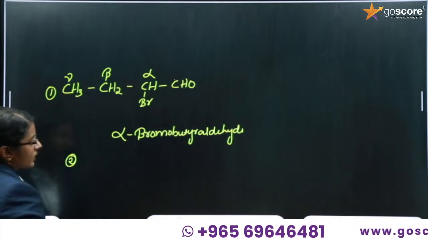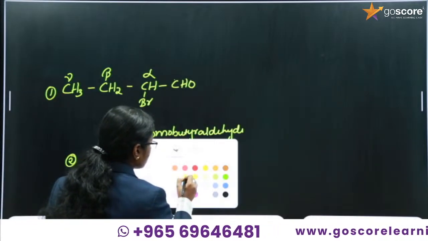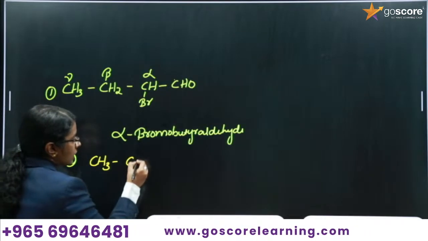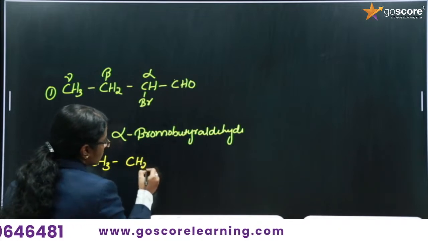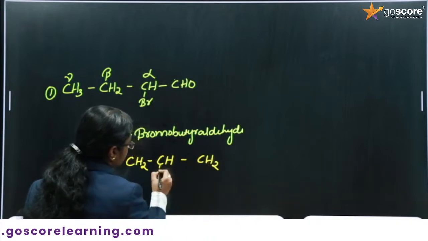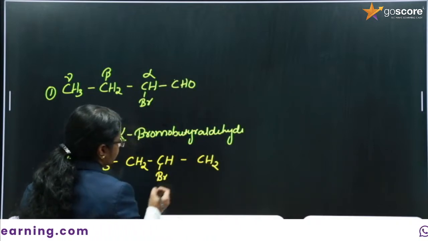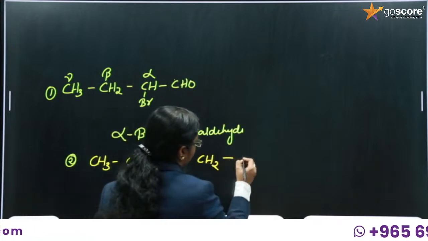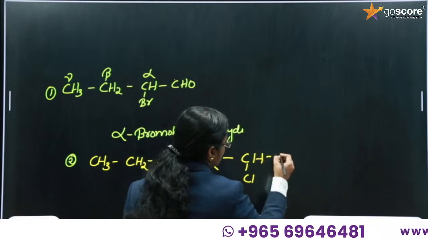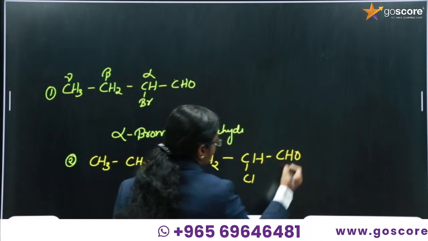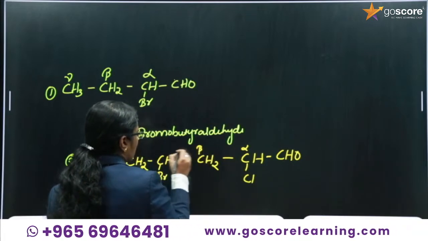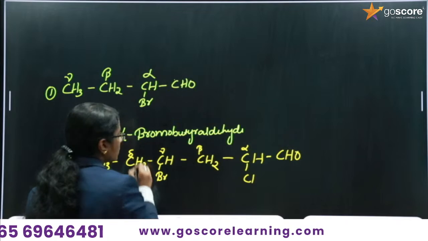Another example for this is CH3, CH2, CH2, CHCl, CHO. So this is alpha, beta, gamma.